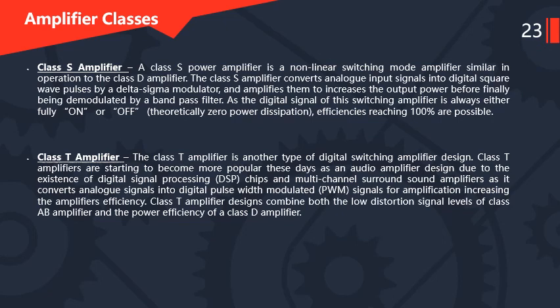The class T amplifier design combines both the low distortion signal level of the class AB amplifier and the power efficiency of the class D amplifier.